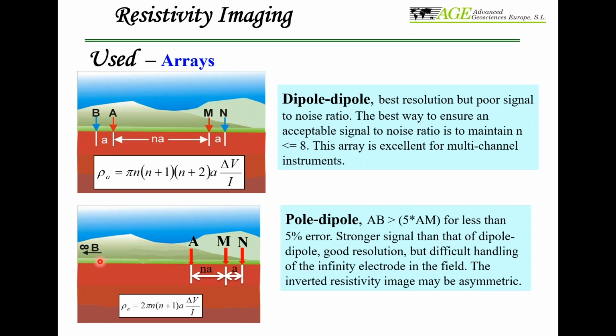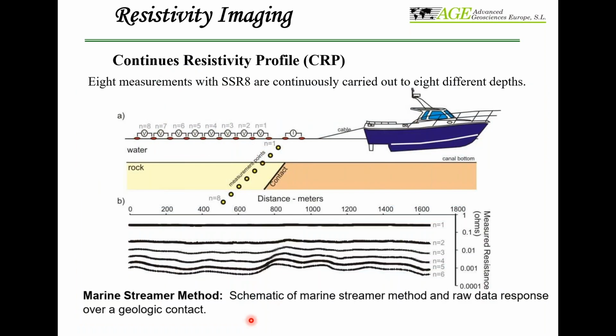That will also give you deeper investigation. Like I mentioned earlier, the first 2 electrodes are the current injection, and the next 9 electrodes give 8 levels of measurement. You move the boat and start measuring 8 levels like this, so continuously you get this measurement.